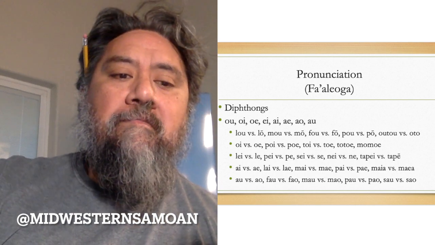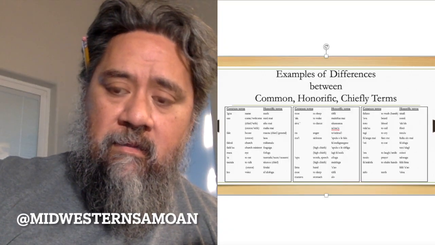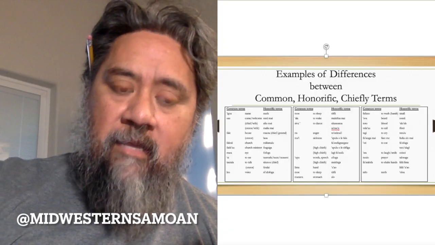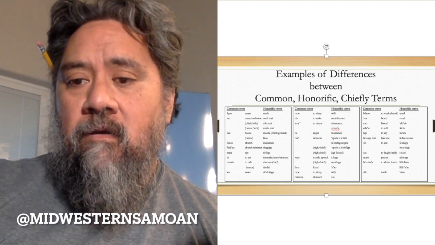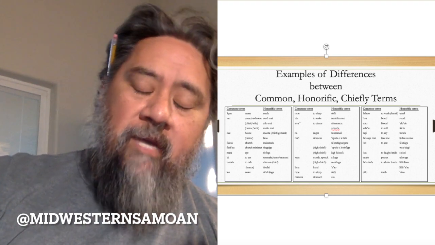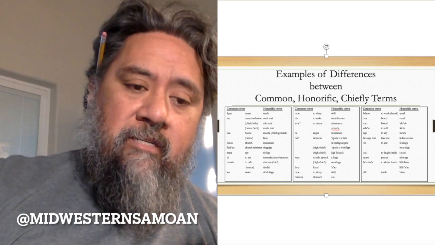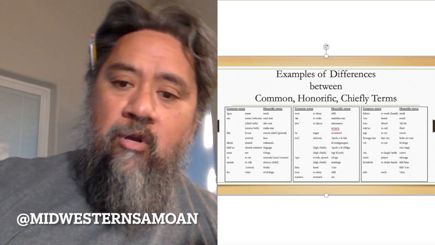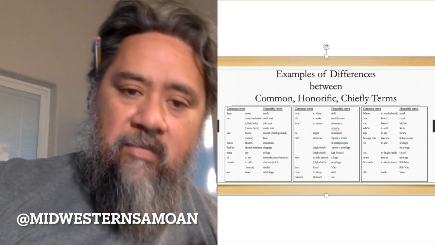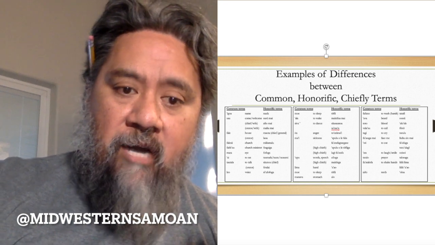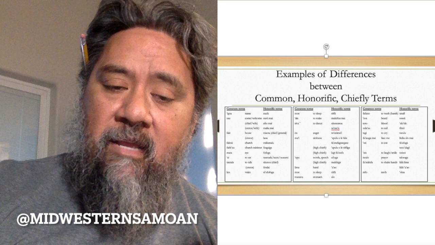And then going back to the respect language compared to the colloquial language and even the oratory language, the Gagana Sāmoa. So that's the oratory language. These are some terms that you see in the left-hand column, the common term that you would use in the common language.